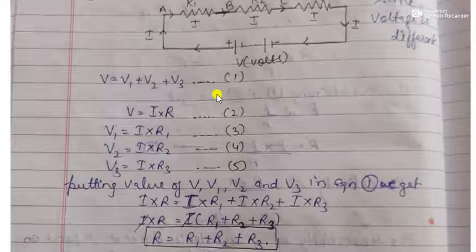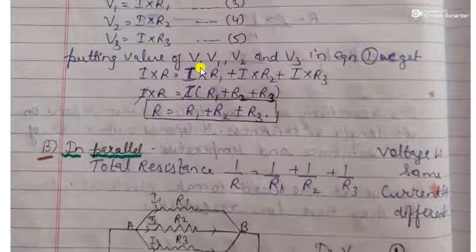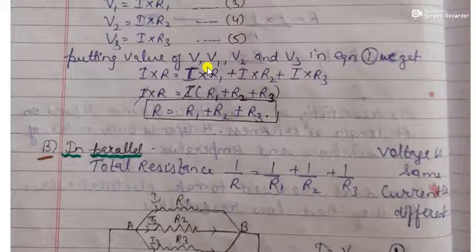Now we will put all the values in equation 1 and we will obtain V = V1 + V2 + V3. Then we will put the value of V here, V = IR, and V1 = IR1, V2 = IR2 and V3 = IR3.